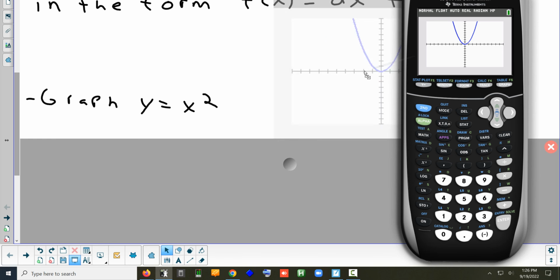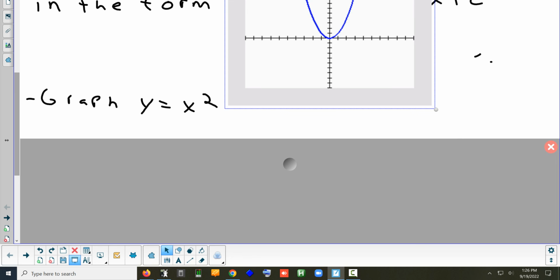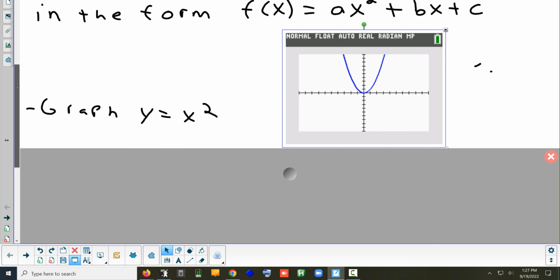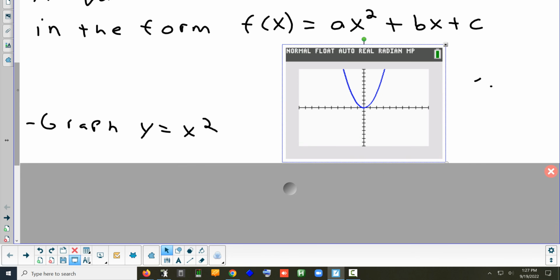Okay. So if you got that, then you did it. Does anybody remember what that shape is called? It's a quadratic equation that creates that shape, but the name of the shape is? That's a parabola. And parabolas can open up, or you can flip it, and it could open down. They can graph it different ways. That's what we're going to talk about with transformations. How can we graph it different ways?